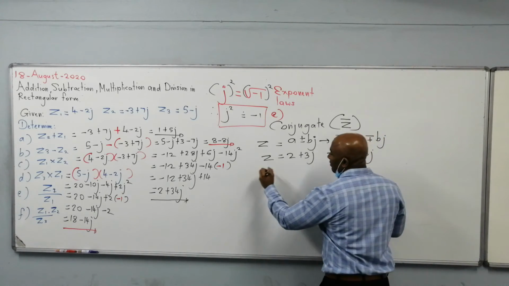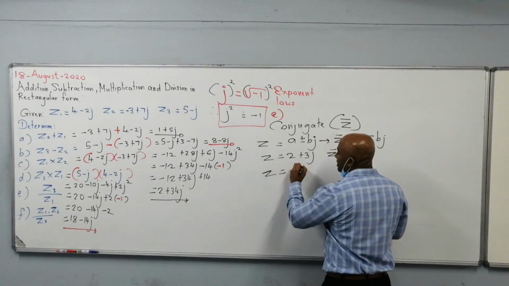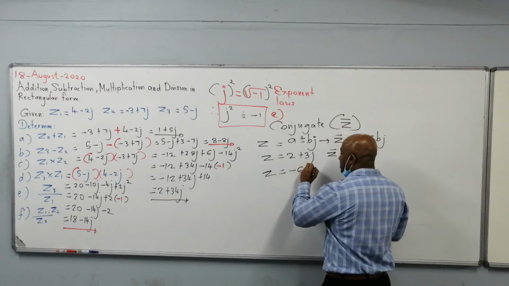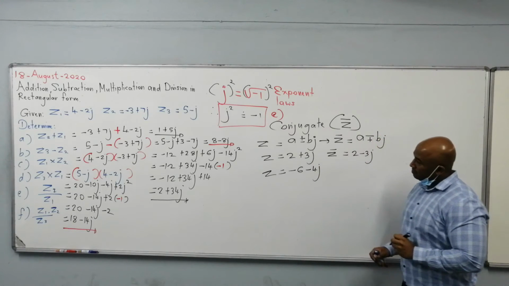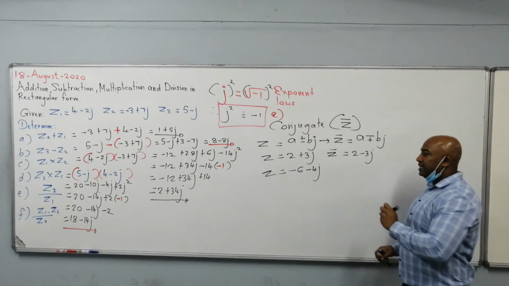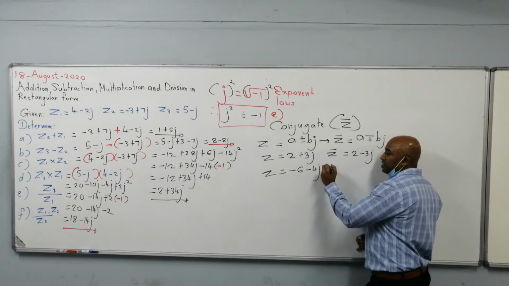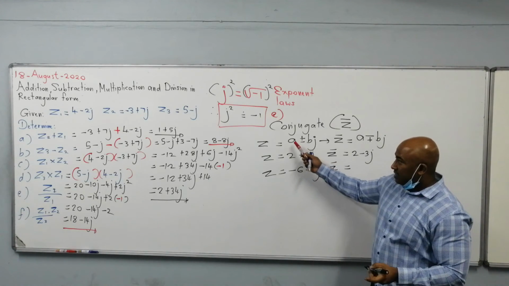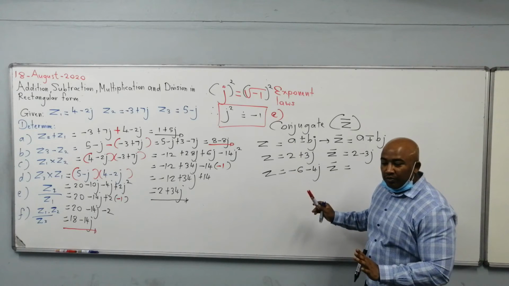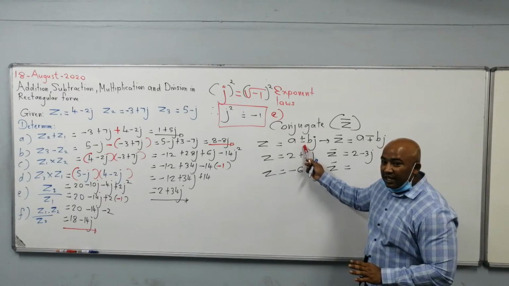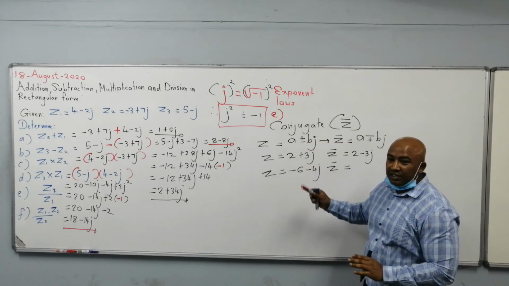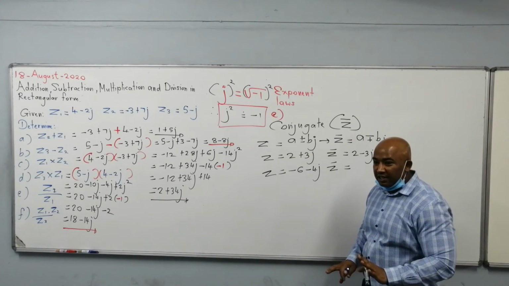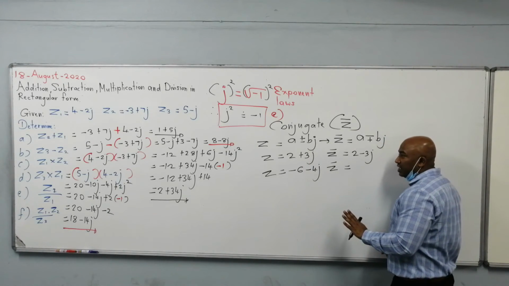What happens if I give you z is equal to minus 6 minus 4j? What is the conjugate of minus 6 minus 4j? What changes? Does the sign of a change? No. Only the sign of the coefficient of j will change. Nothing else. That's the only thing that changes.